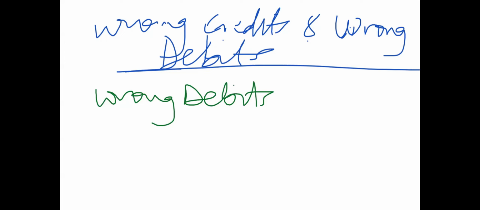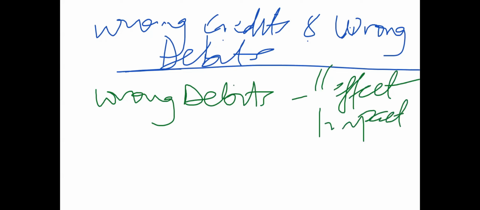But now we need to also ask ourselves the effects of wrong debits and wrong credits on the account balances of the business. So these two, we are supposed to ask ourselves, what is the impact of these two? That's the only thing you need to know. What is the impact of the wrong credit on the account balances of the business?